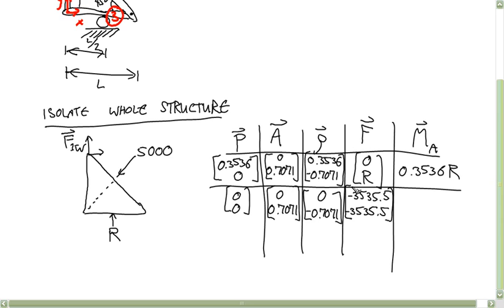And then you get negative 2,500: 0.7071 times 3535.5 is 2,500. Be careful with the signs. That would be positive, and then you're subtracting it. So negative 2,500.